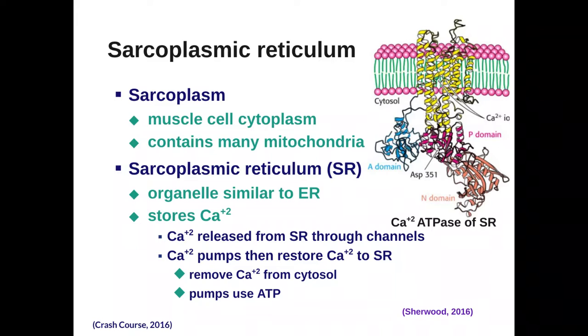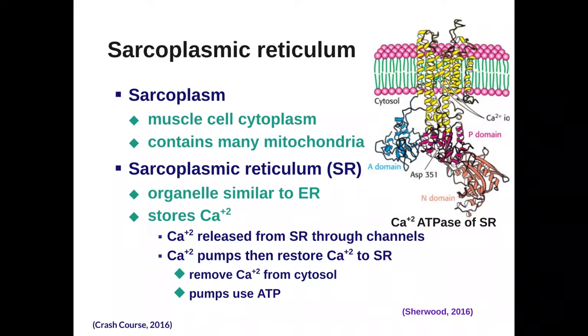Because a muscle cell's job is to contract, it requires a lot of energy in order to do that. So the mitochondria function to create a lot of that energy, allowing that muscle cell to continue its work. ATP is created by the mitochondria through cellular respiration, and ATP allows the muscle cell to do its work.